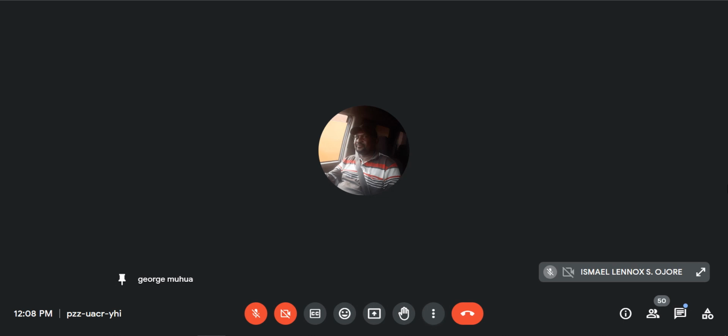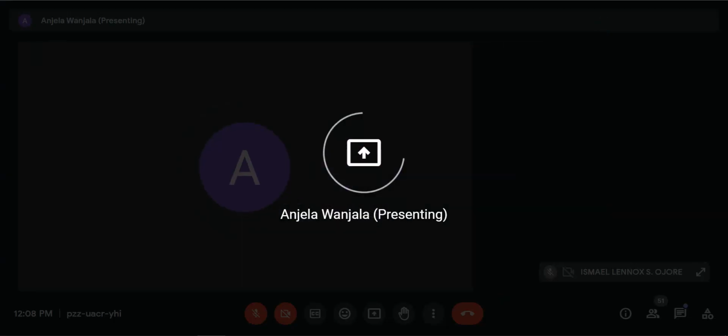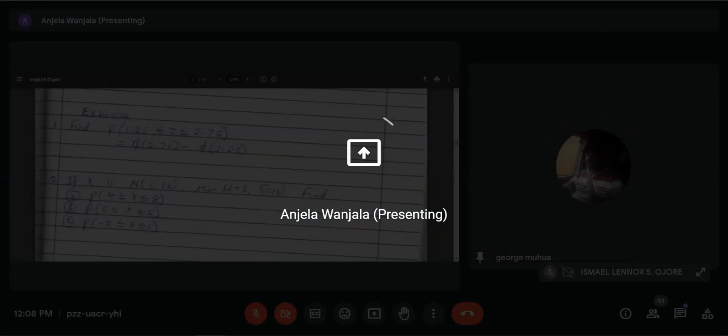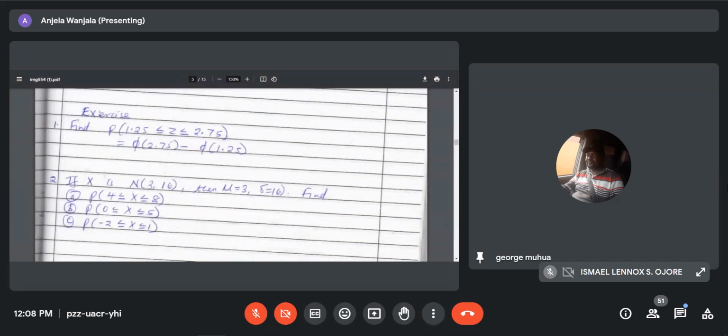Yes, Samuel? You've said we always round up to 2 decimal places. Yes. Because we have 2.75, 2.78, 1.28. You see, the first row is 0.0 something, and the first column is 2 point something, or 1 point something.